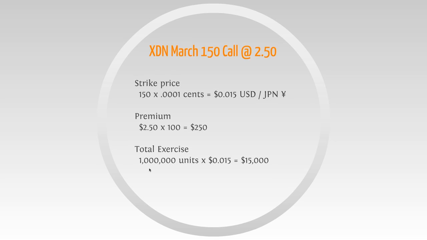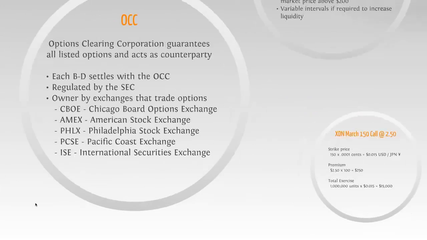So you'll notice, really, we've only changed the decimals for the yen. Otherwise, the calculation is very similar to what we saw with the Australian dollars. So don't let that throw you off. It's just a change in this decimal conversion. But you see, we get the same exercise and the same premium that we saw before.